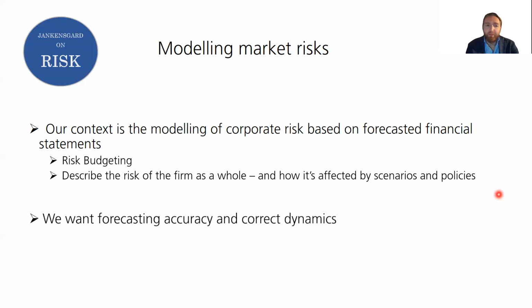So we absolutely want forecasting accuracy and correct dynamics, as always, right? Of these, forecasting accuracy speaks for itself. Maybe I should say something about correct dynamics. What is meant by that? Well, we want the time series dynamics of the model to be realistic, in the sense that if you predict a value in one period, that is going to generate a new predicted value for the period after that.